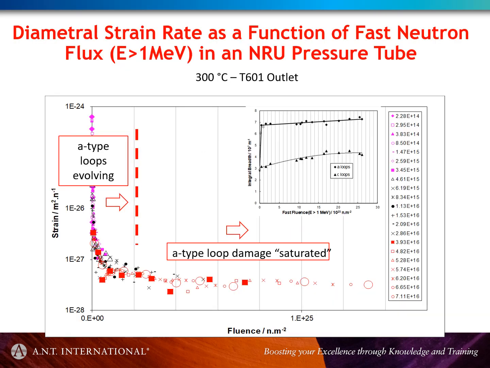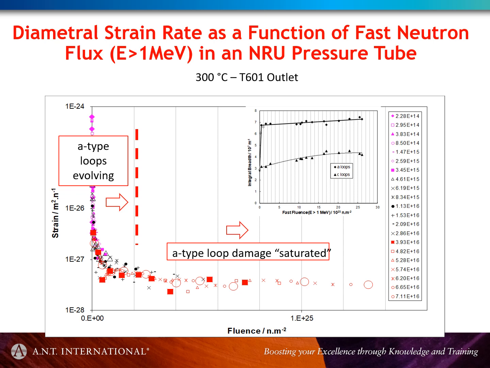So over a large dose range, what do we see in terms of creep? If we express the creep in terms of the strain per neutron, what you see is a very high creep rate early on in the irradiation, and it very quickly drops down to some steady state value with time.